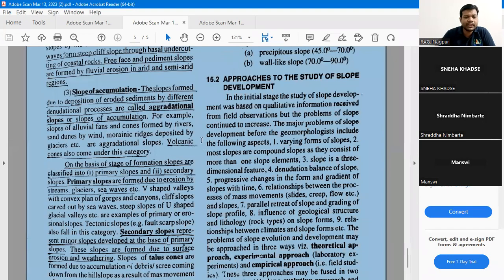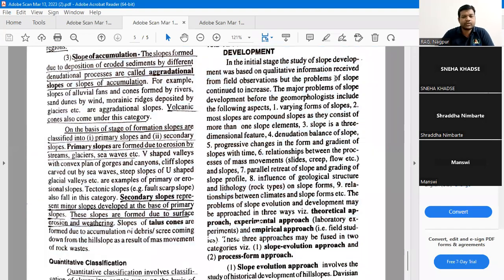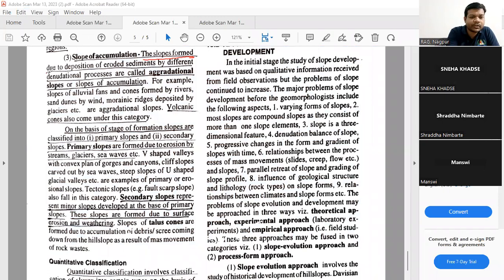Then the slopes of accumulation. What are the slopes of accumulation? They are simply the slopes formed due to deposition of the eroded sediments. Whatever sediments have been taken by the river or any agency like wind or glaciers have been accumulated at one place and have grown so large that they form a slope.